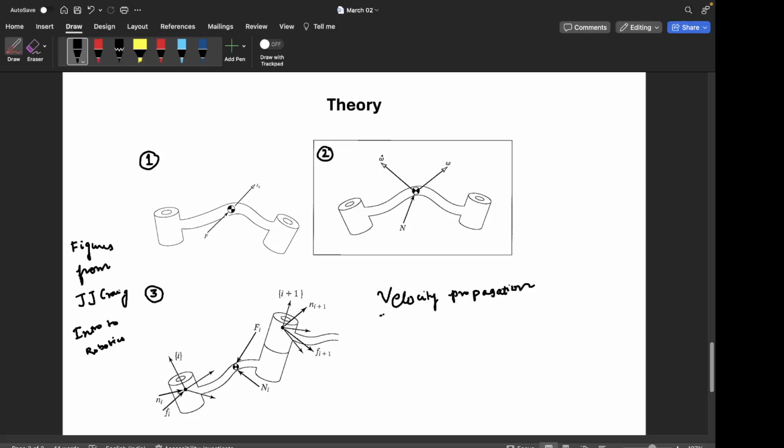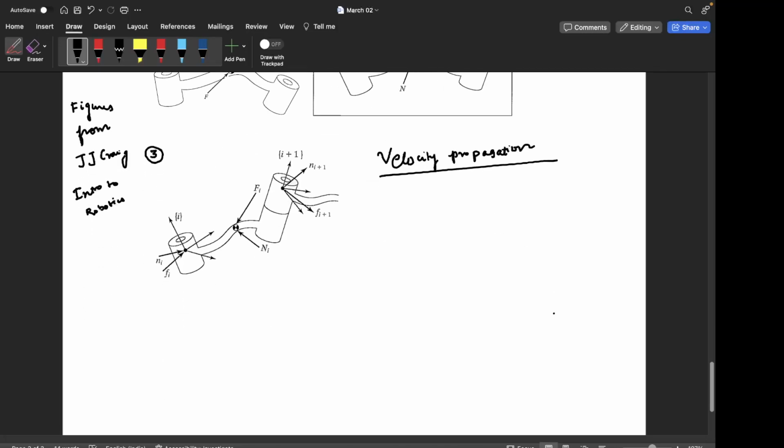So we found a recursive relation between the velocity of the ith link and the I plus 1th link, and similarly the angular velocity of the ith link and the I plus 1th link. So I will just rewrite those expressions.